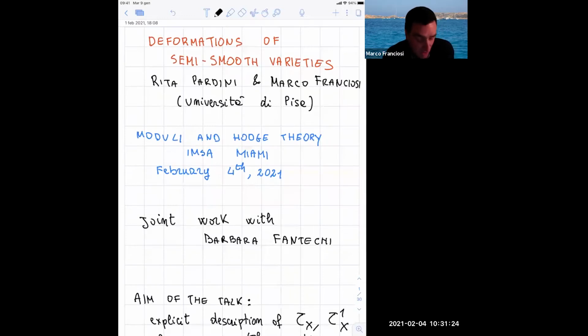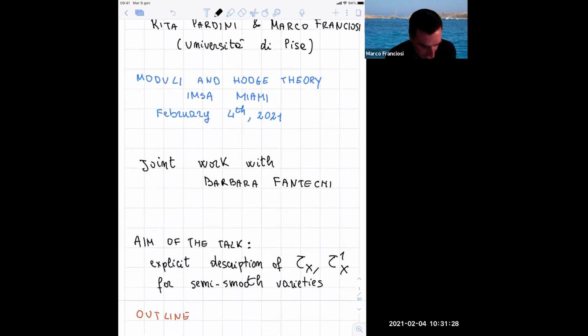I'm talking about joint work with Barbara Fantechi, and the aim of the talk is to give an explicit description of the tangent sheaf and of the first Schlesinger sheaf T1 of X for semi-smooth varieties.